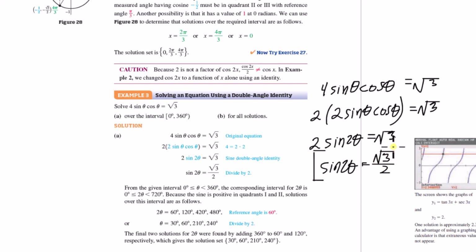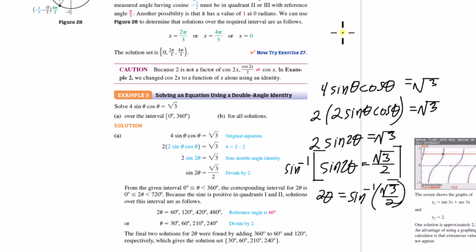Inverse sine of both sides. So 2 theta is equal to inverse sine of, same idea as what we did in the first problem, root 3 divided by 2.